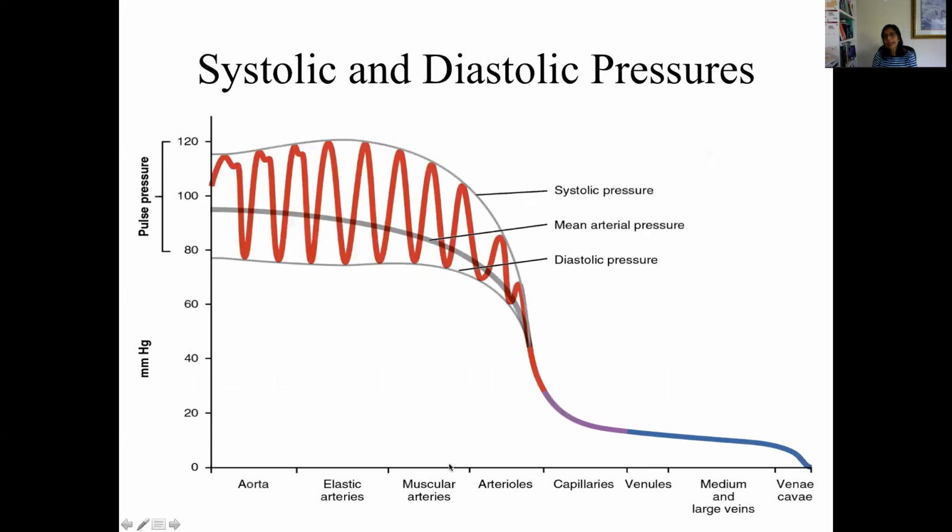This is an important slide where we learn the pressure in a couple of ways. You're talking about systolic pressure, diastolic pressure, pulse pressure, and mean arterial pressure. Okay, what is what?